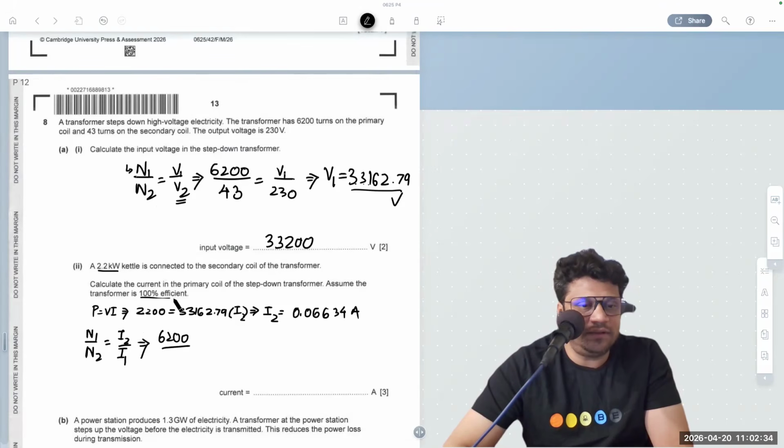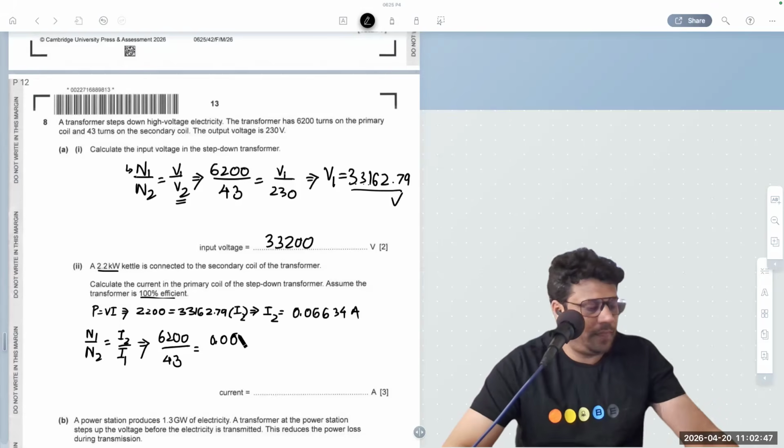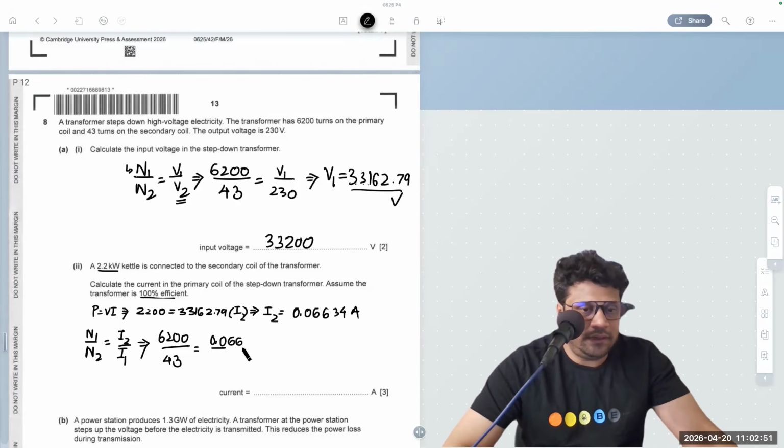Now that's 100% efficient. So, of course, there's nothing lost. Number of turns 43 equals I2, that whole value, 0.066 divided by I1.